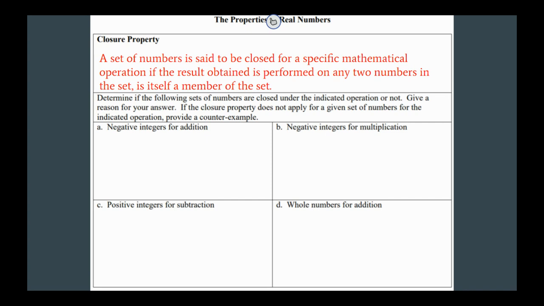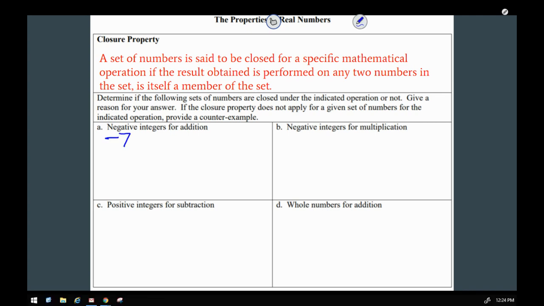Okay, so what all of those words that you just wrote down mean is that, for example, part A says negative integers for addition. That means if I add two negative integers together, then I get another negative integer if it fits under closure. So, Grace, give me a negative number. -7. Okay. Stone, give me another negative number. -3.